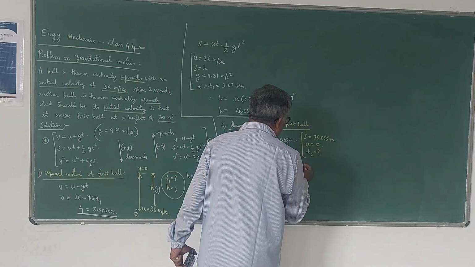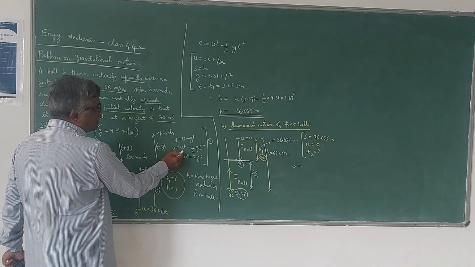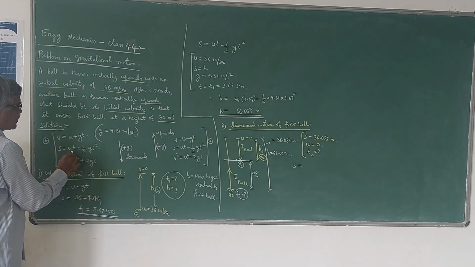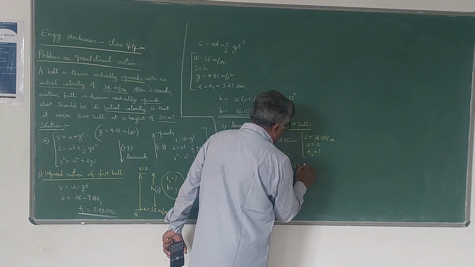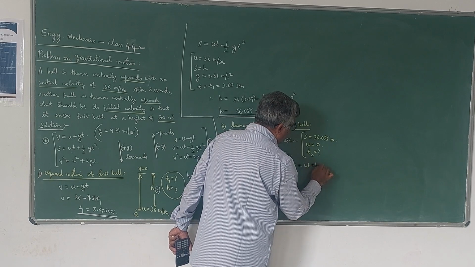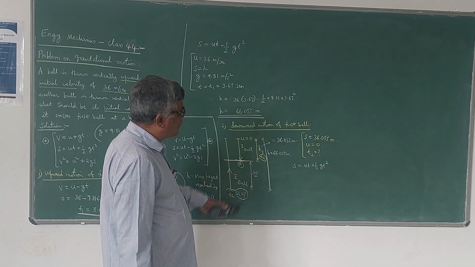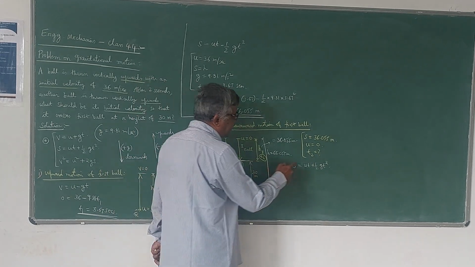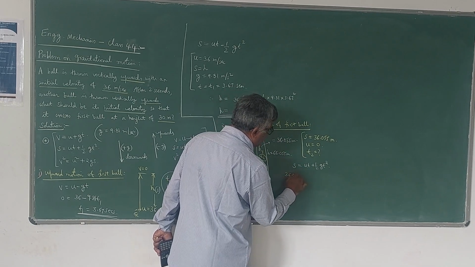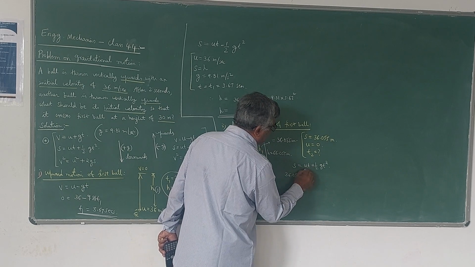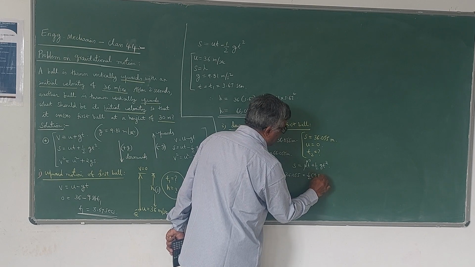Since s is known, I can use the second equation. In the downward motion, I have to use s is equal to ut plus half dt square. In this equation, you know the value of s, you know the value of u as 0, t is t2, and d is 9.81. Substituting here, 36.055 is equal to 0 plus half into 9.81 into t2 square.